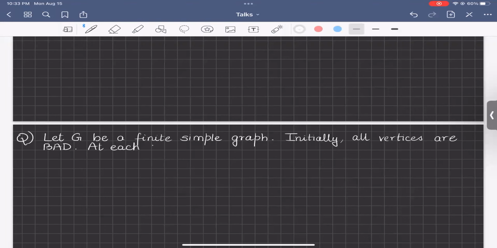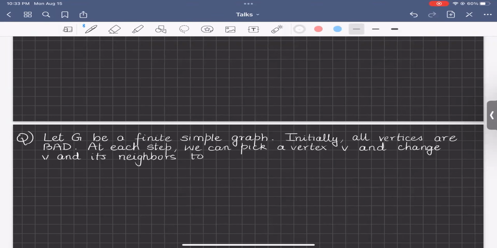At each step we can pick a vertex V and change V and its neighbors to the opposite configuration. Well, actually, okay.